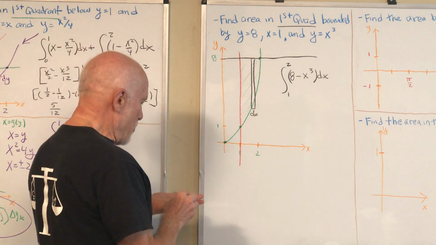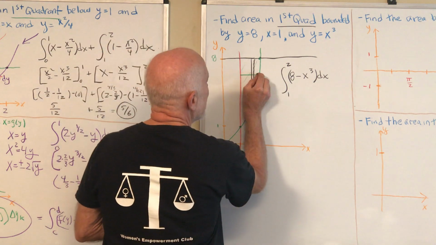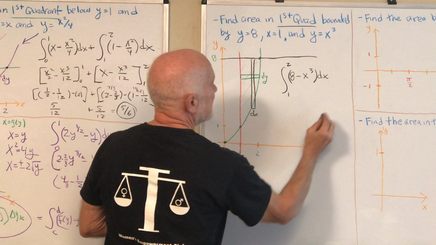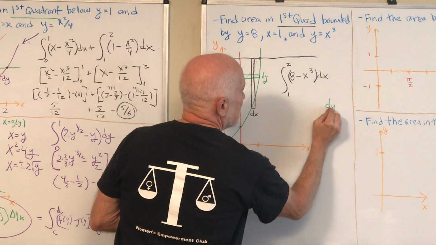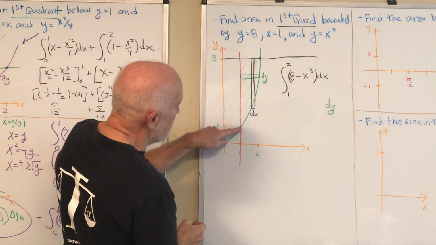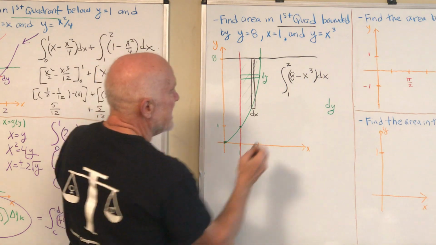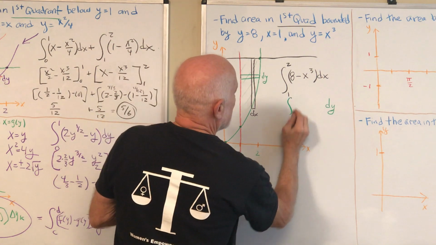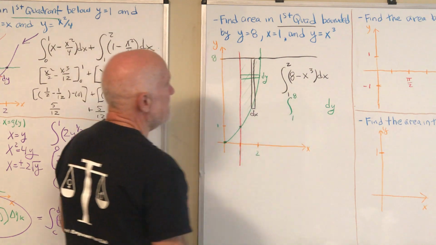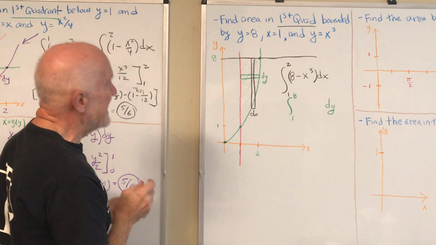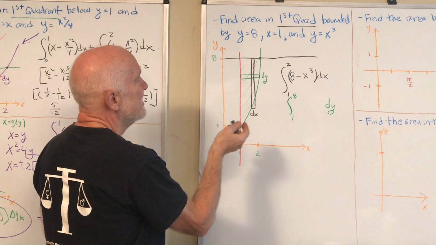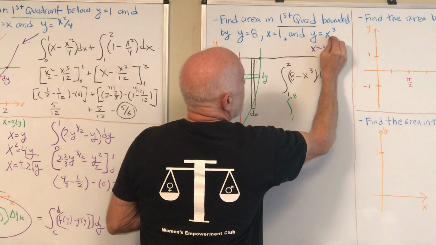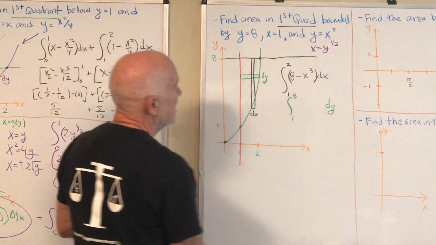If you did it the other way, now I'm going to make the rectangle on the side, dy. And y now is going to go from 1 up to 8. And here's where you have to, again, solve for x. This you get x equals y to the 1/3.